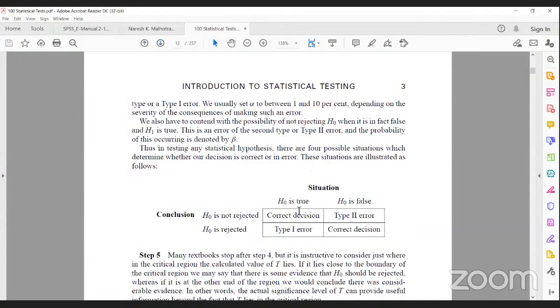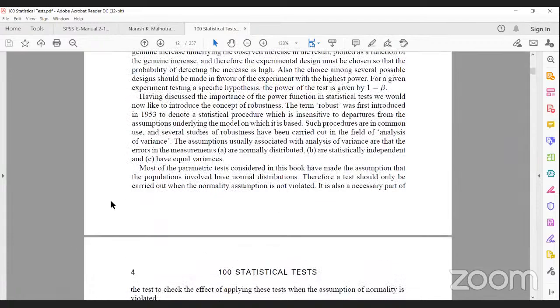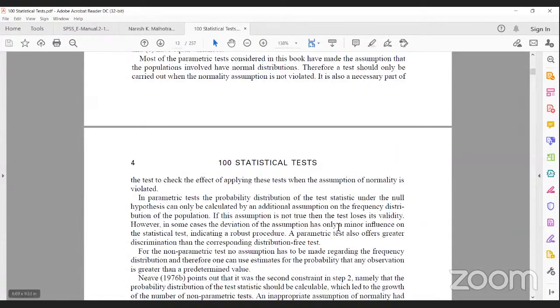I told you about this situation. Conclusion: whatever statistical test you do, this is important. Based on this only you need to take a decision in every case. They have given complete information on why we need to take the hypothesis.